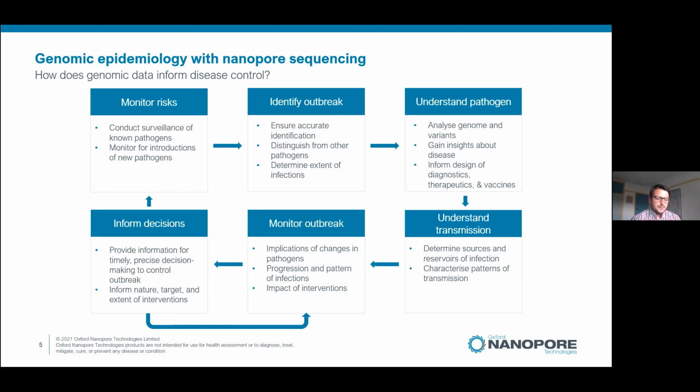It helps people to understand transmission, and if you're able to sequence a number of individuals very quickly, you can start to see what the patterns of transmission are. This helps us to monitor the outbreak and the impact of any interventions that are going on as well.